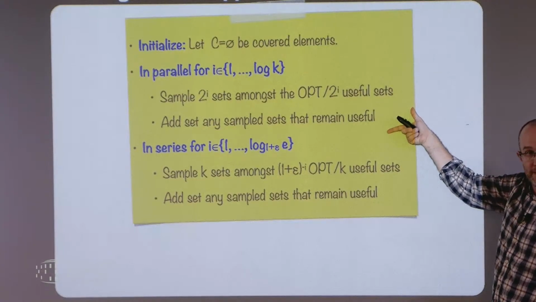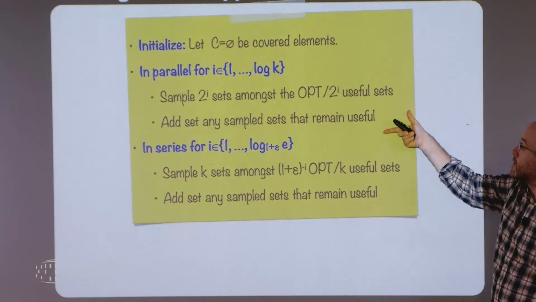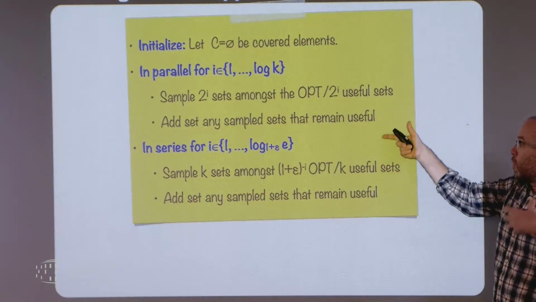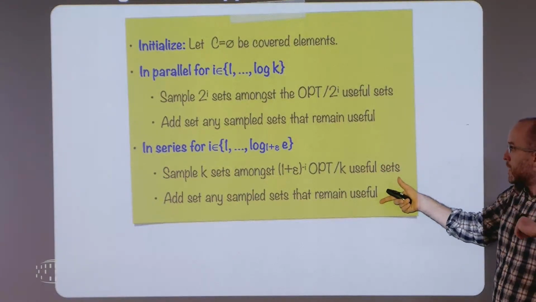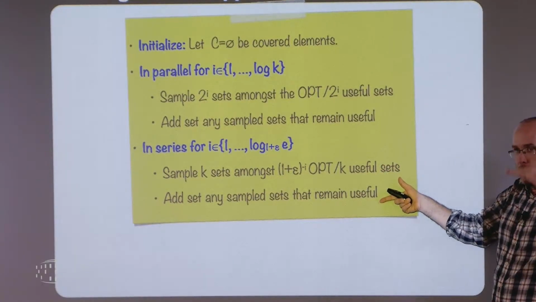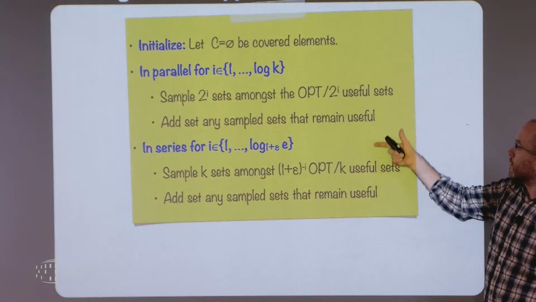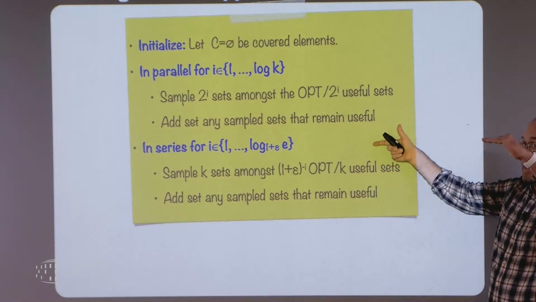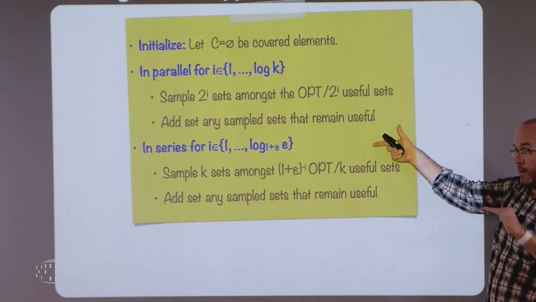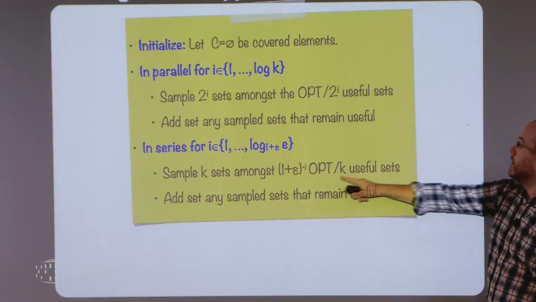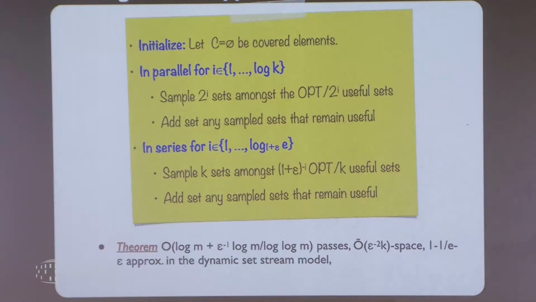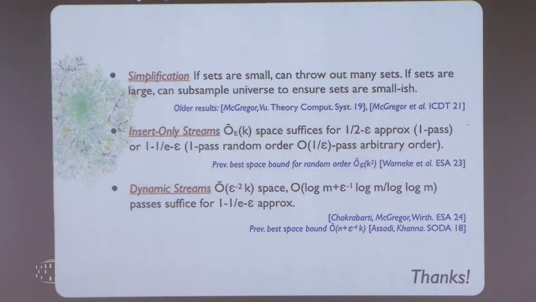You find all the sets that contribute a lot, and then you move on to a more careful process: once your threshold has gone down to opt over k, you drop the threshold very slightly at each step, and you get this result. Okay, sorry I went 2 minutes over, but thank you very much.